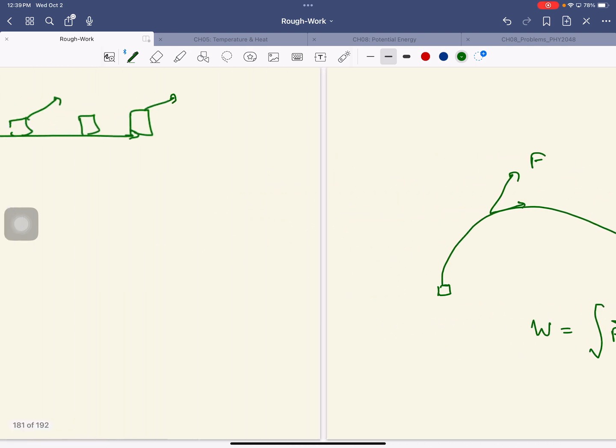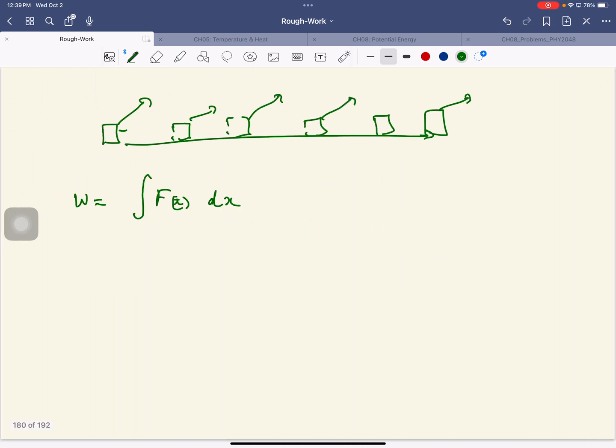Now let's get back to the second case. We'll keep it simple. This is an object moving in one dimension, but the force is changing. So now we ask the following question. What if this force is du by dx?